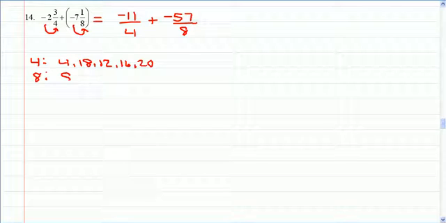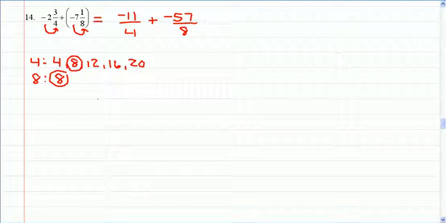And the first multiple of 8 is 8. And for 8, the first multiple of 8, which is a match, so my least common denominator is 8.